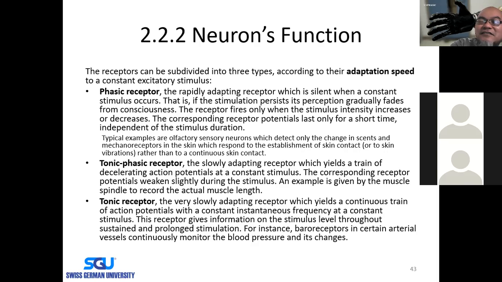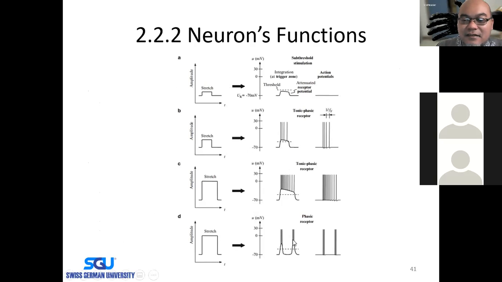You feel it again when your finger is released from your hand skin. So this is the phasic receptor. The phasic receptor only detects the on and the off phase change. That's why it is called phasic receptor.